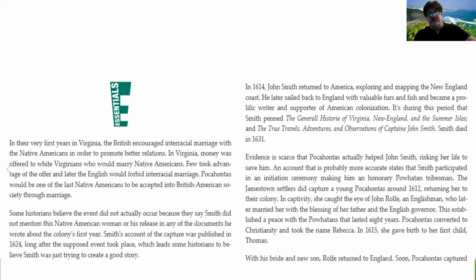Okay. So evidence is scarce that Pocahontas actually helped John Smith, risking her life to save him. An account that is probably more accurate states that Smith participated in an initiation ceremony, making him an honorary Powhatan tribesman.